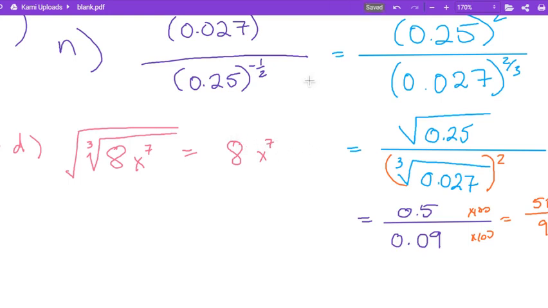So the 8 and the x to the power of 7 stay. Now I'm going to use brackets to show the cubed root. So watch this. The first radical sign is a cubed root, right? I'll use some colors.